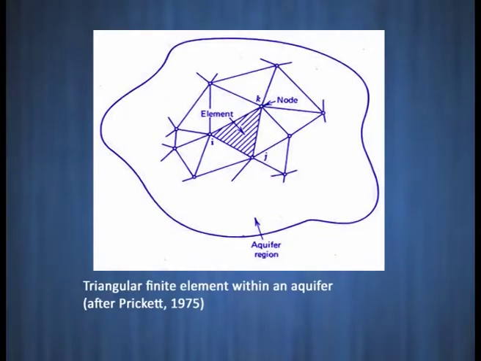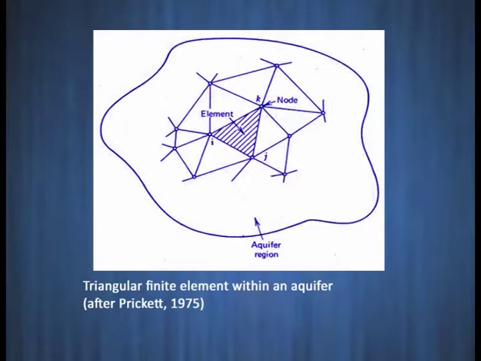Another method, the finite element method, you can say is a newer method. It also has the same groundwater principles and groundwater flow equations. Here, instead of polygons, the whole aquifer is divided into triangles or quadrilaterals.